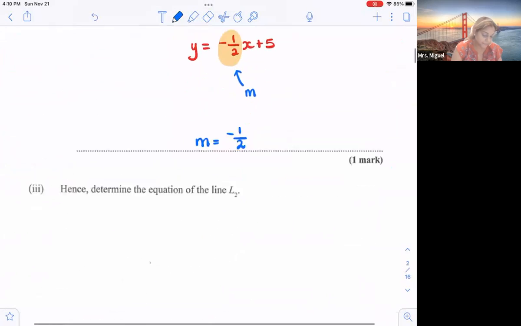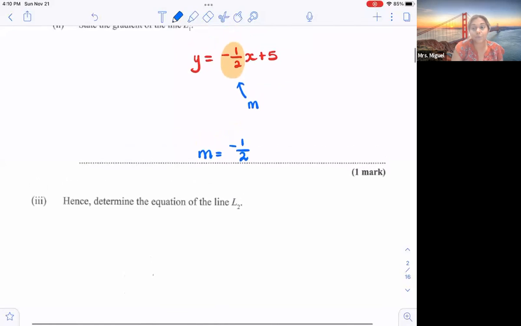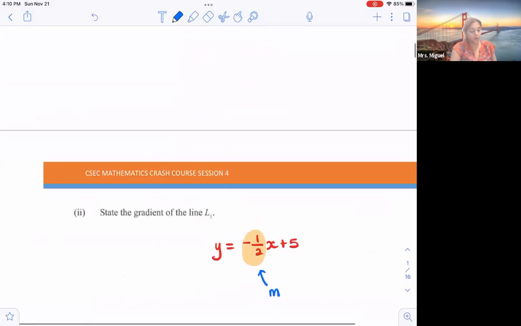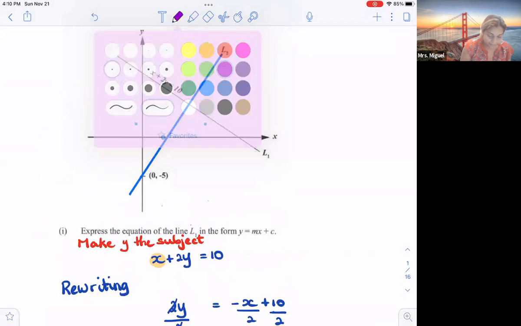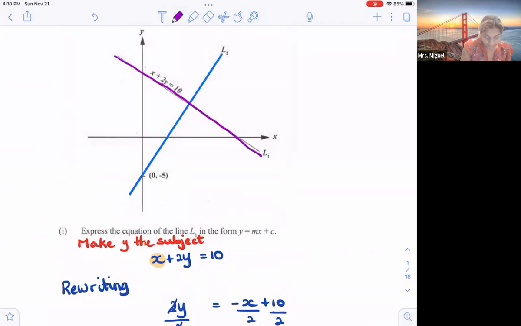Hence, determine the equation of L2. Now, watch the two lines. If I highlight this, this is L2, and this one in purple is L1. The two lines meet at a right angle, which is 90 degrees. So the gradient here is negative a half.